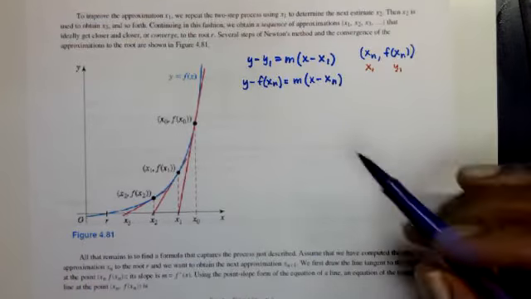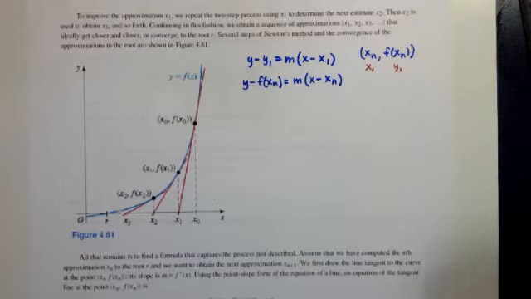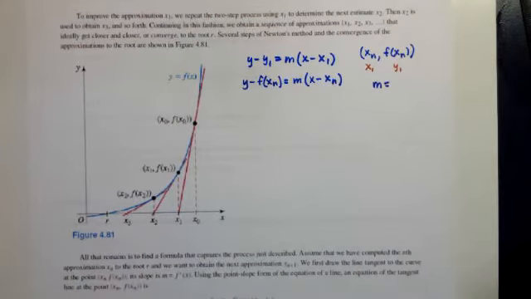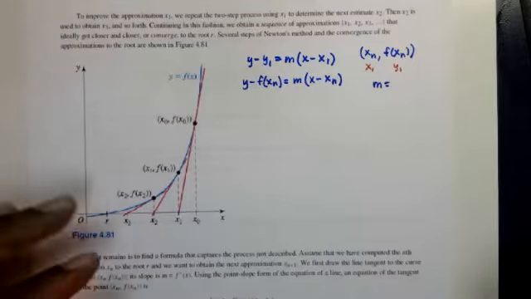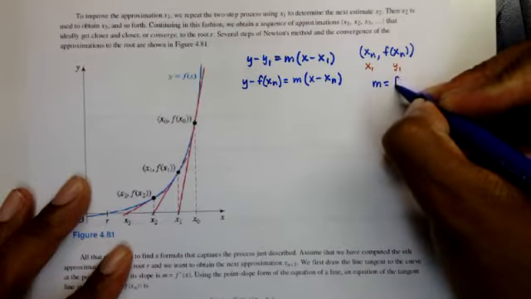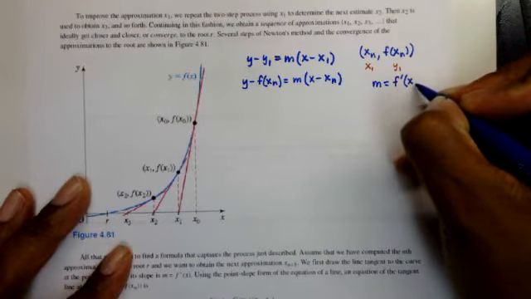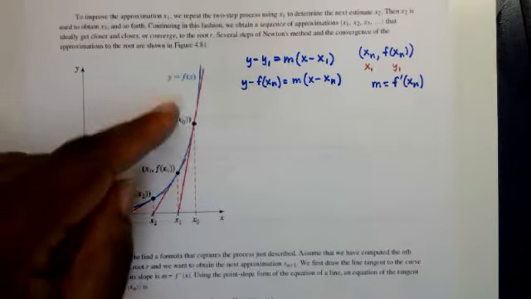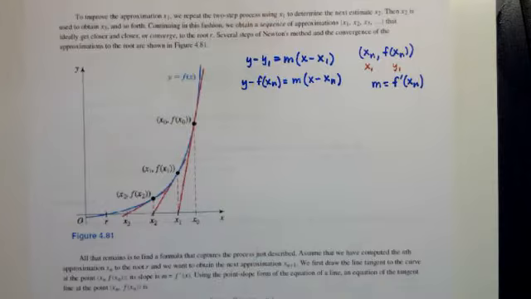All right, now for m, if you recall, that's the slope of the tangent line. And the notation that we use for the slope of the tangent line is always going to be f prime of x of n. If this function is y equal to f of x of n, the derivative of that would be f prime of x of n. That gives us the slope of the tangent line at that value, x of n.